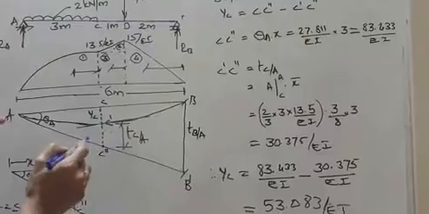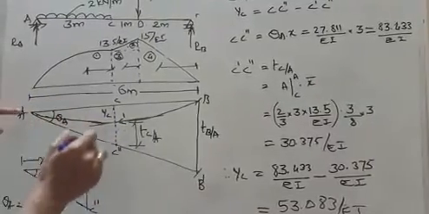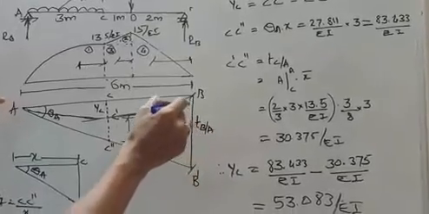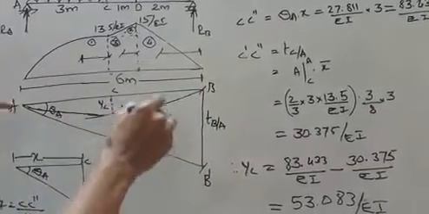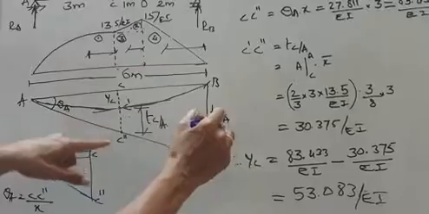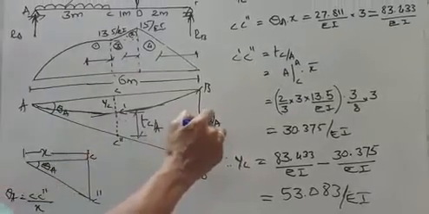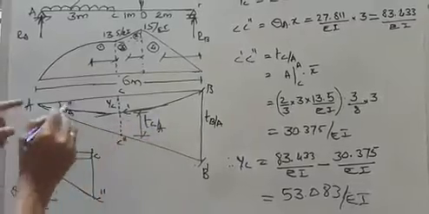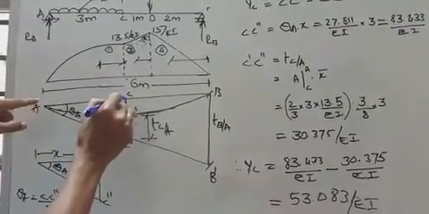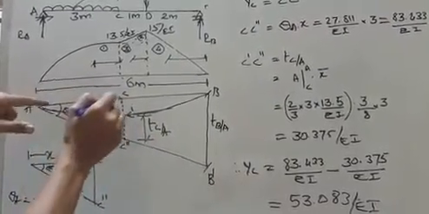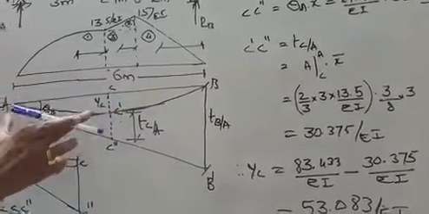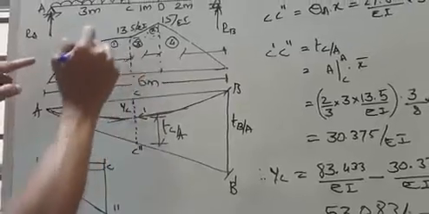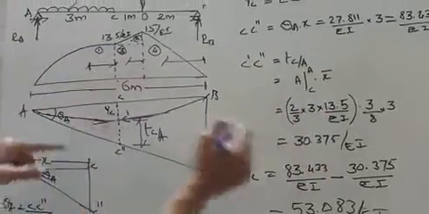It is nothing but the area of the M by EI diagram between A and C about C. When you calculated TBA, you took the area of the M by EI diagram between A and B multiplied by the distance of CG with respect to B, because we calculated the tangential deviation of B. Now we are calculating the tangential deviation of C. So you have to consider the area between A and C, and multiply the distance of CG with respect to C. If you consider the area of the M by EI diagram between A and C, there is only one figure.